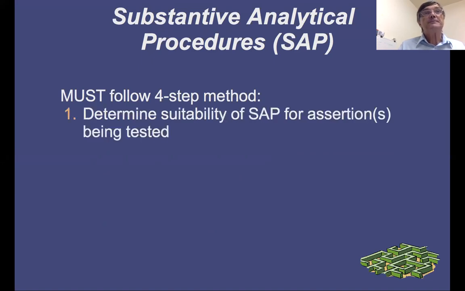And step 1 is to determine the suitability of the procedure for the assertions being tested. Now, my personal observation from looking at lots of people's audit files is that the procedures are generally used in suitable circumstances, but the assertions are seldom, if ever, actually written down.